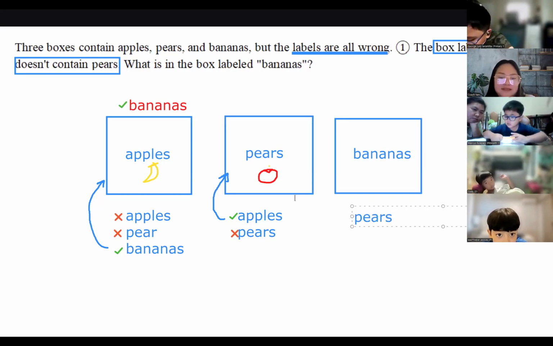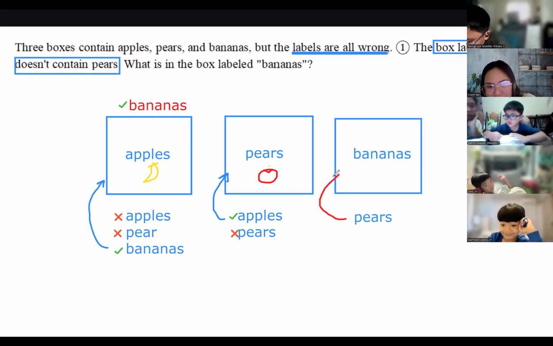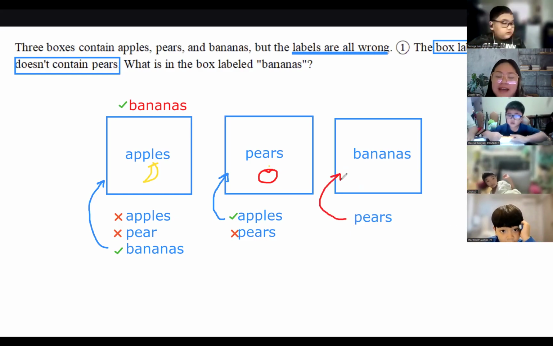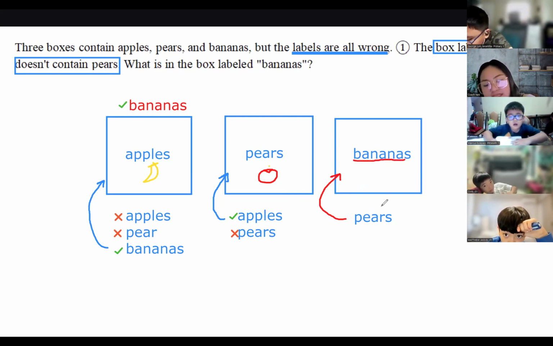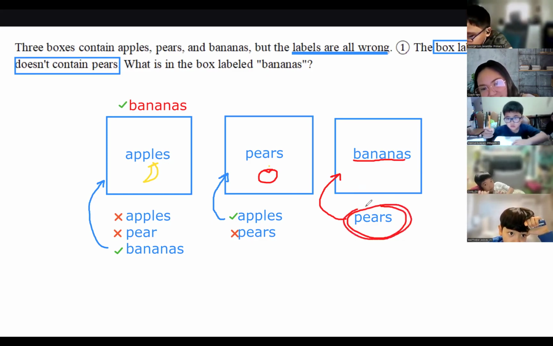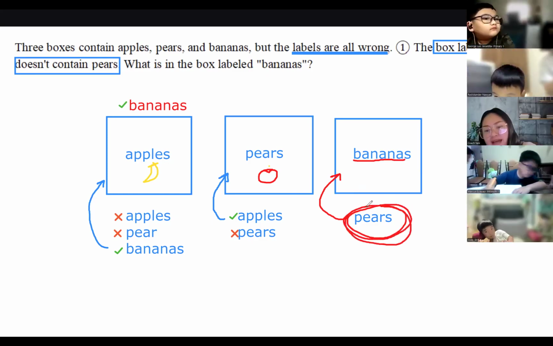Pears. Here, inside that box. So, what's the question? What is in the box labeled bananas? This is your box that is labeled bananas, and inside it is actually pears. So, that's the answer.